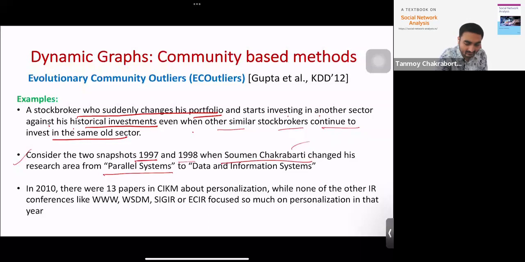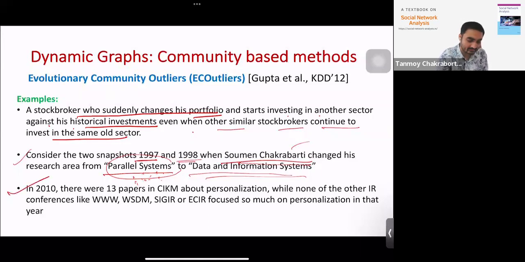In 1998, he started working on data and information systems, which is very different from this one. The other researchers who used to work on parallel systems around 1997, 1998, kept on publishing papers in those venues. But he started showing a different behavior, so he might be treated as an anomalous entity.